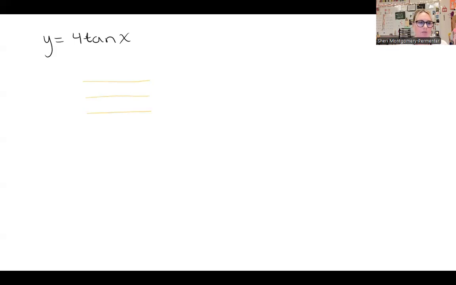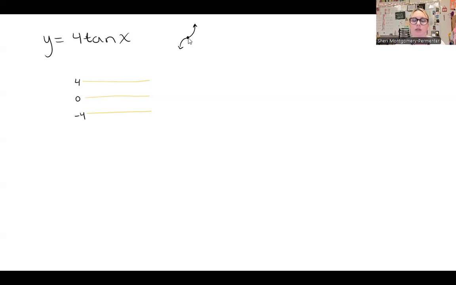For this one, it's plus 0, so your midline is at 0, and then we add 4 and subtract 4. For tangent, you start at 0, and the basic shape of your graph is like that, but 0 is right in the middle, so that's a positive tangent graph, and 0 is the starting point.